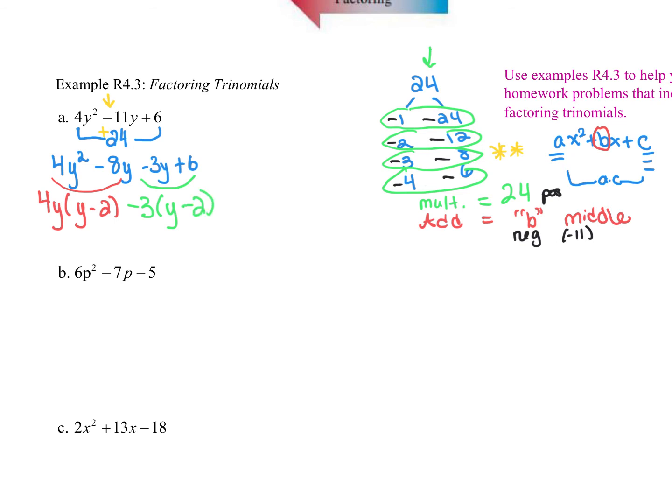And now my two parenthesis groups are both y minus 2. So now I can factor out the y minus 2 that both groups had, and then I'm left with a 4y minus 3. And there is our factored version.